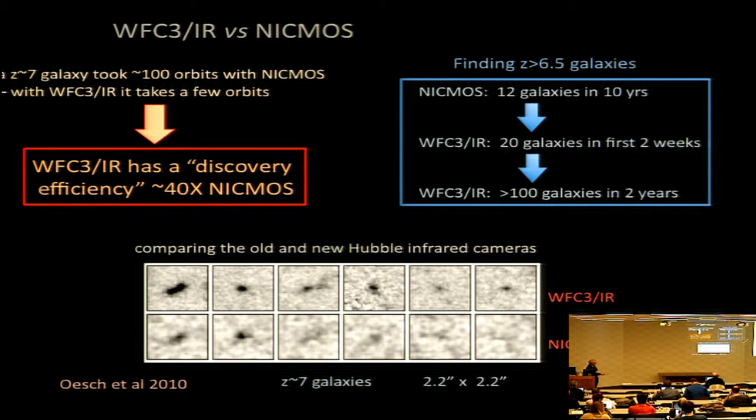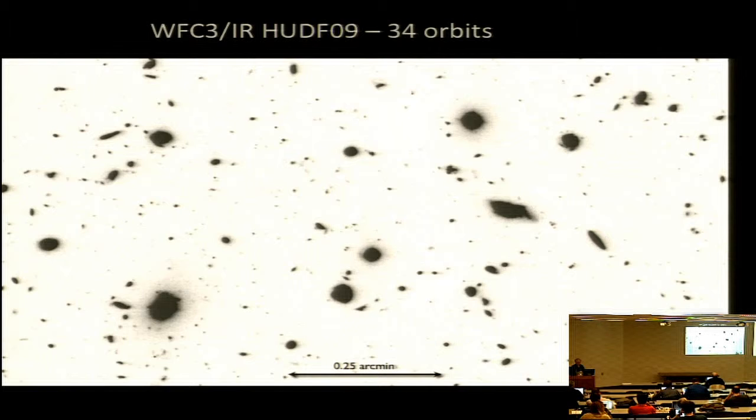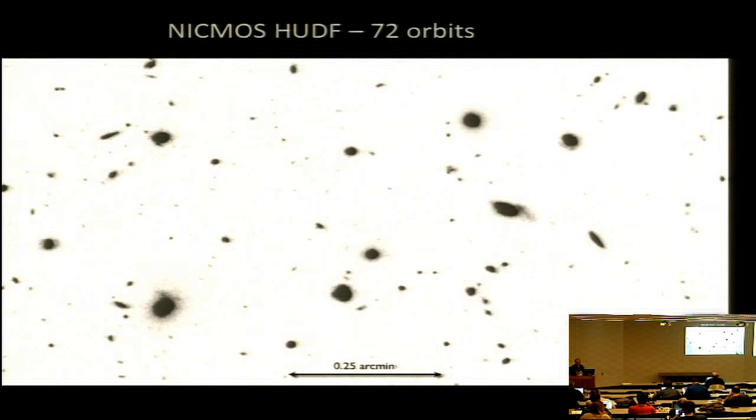And just in finding z of 6.5 galaxies and greater, NICMOS managed to find 12 in 10 years, 20 in the first 2 weeks, and then over 100 galaxies in 2 years. So these gains of an order of magnitude or more just lead to astonishing new results. And just as an example of this, let me just flick back and forward on this.